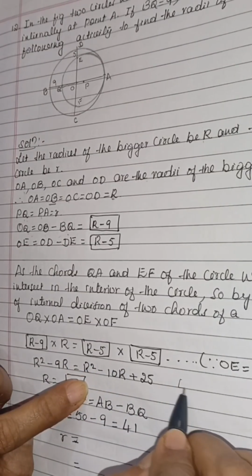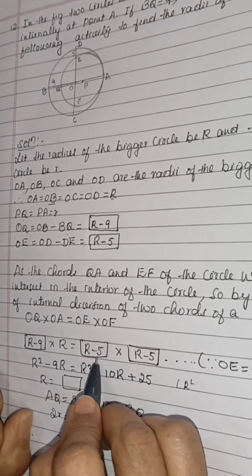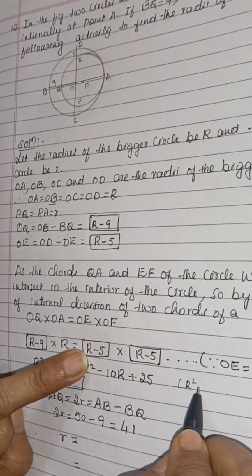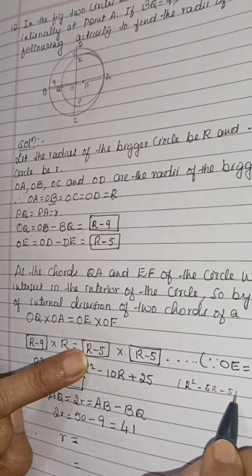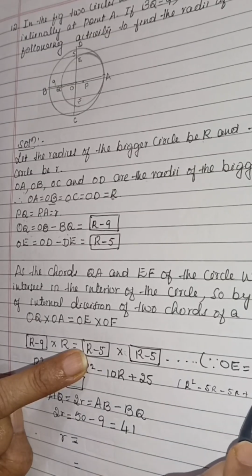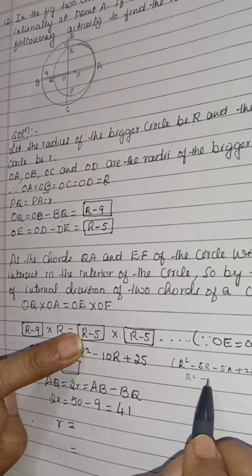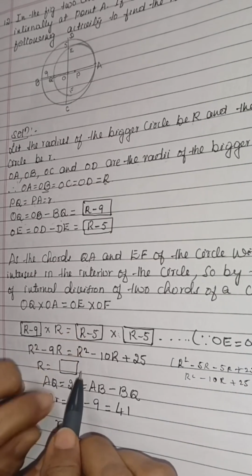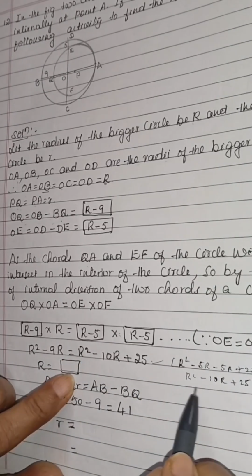R times R is R square, then minus 5R, then minus 5R again, and minus times minus gives plus 25. So this is R square minus 10R plus 25.